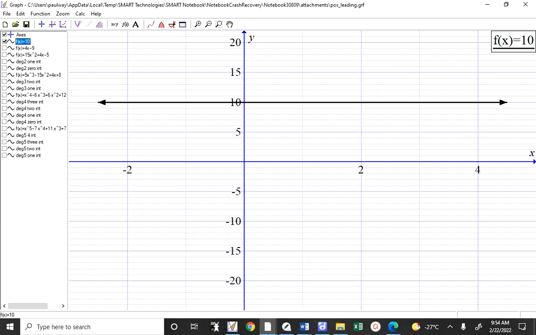In other words, could a constant polynomial function have an x-intercept? What if it were f of x equals 0? Which would mean it would be on the x-axis. Then it would have an infinite number of x-intercepts. That's the exception to the rule.